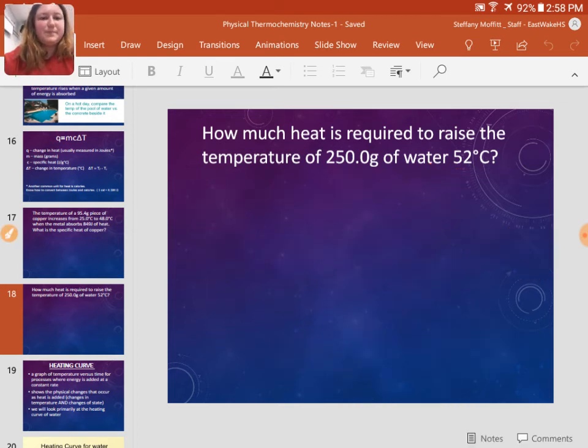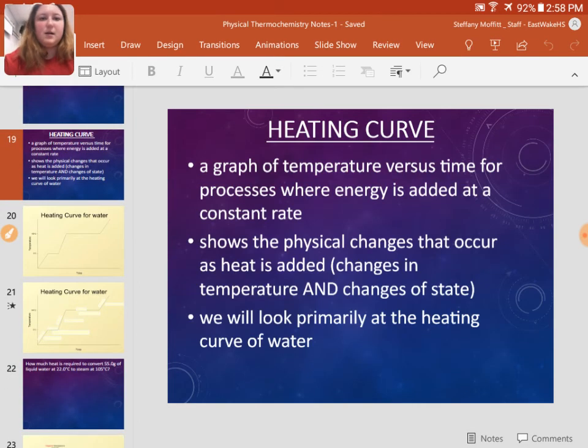Alright. Moving on. Now we're going to be talking about heating curves. So a heating curve is a graph of the temperature versus the time. We're going to see phase changes in these heating curves, and we're going to see energy changes and heat, basically.